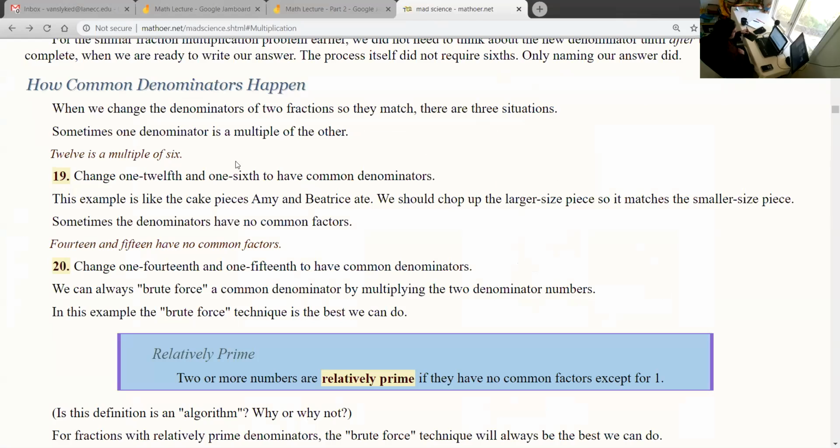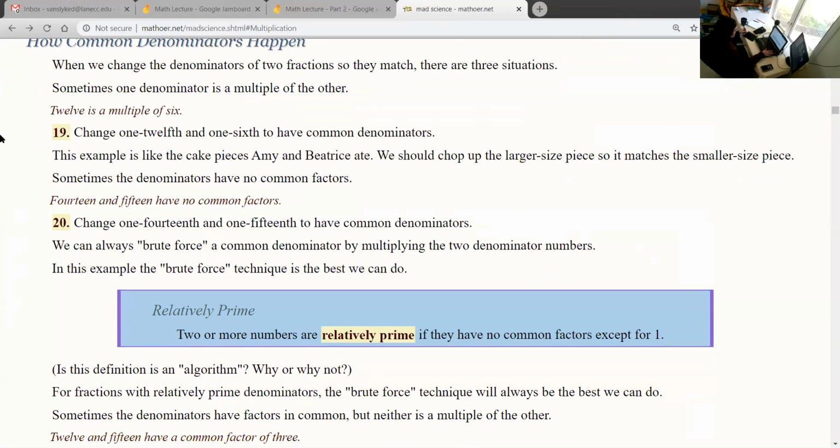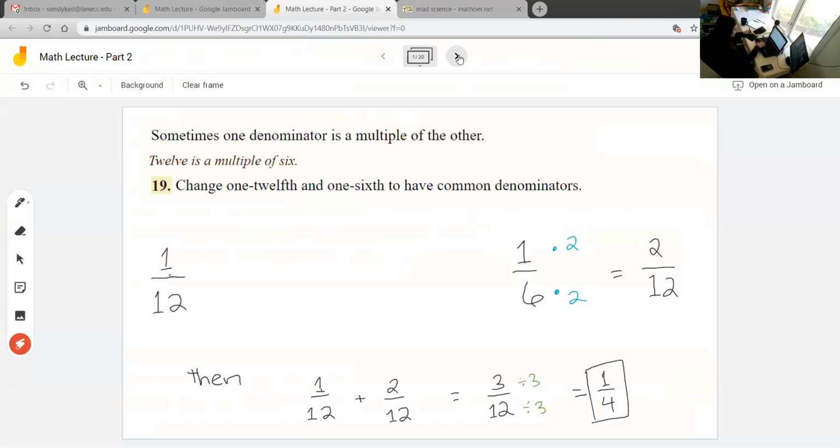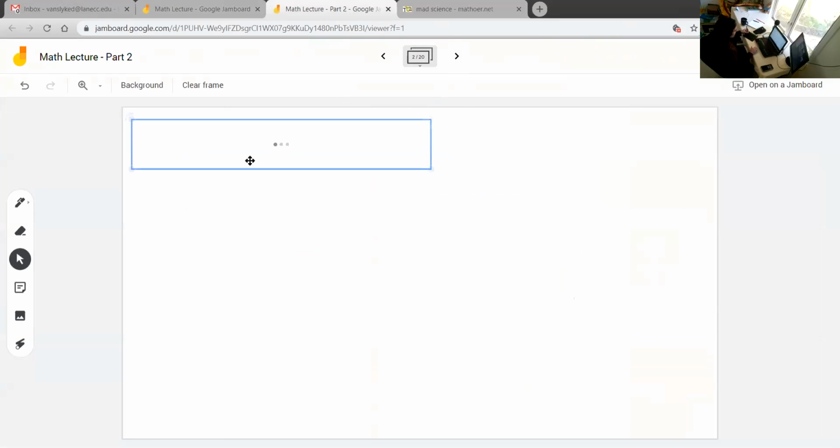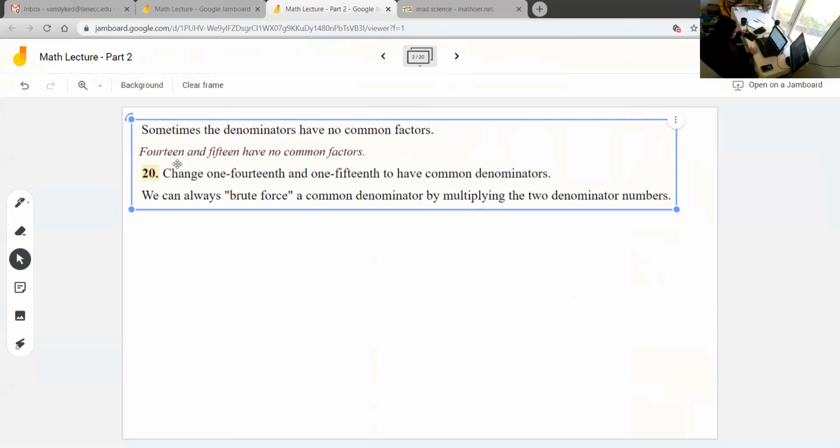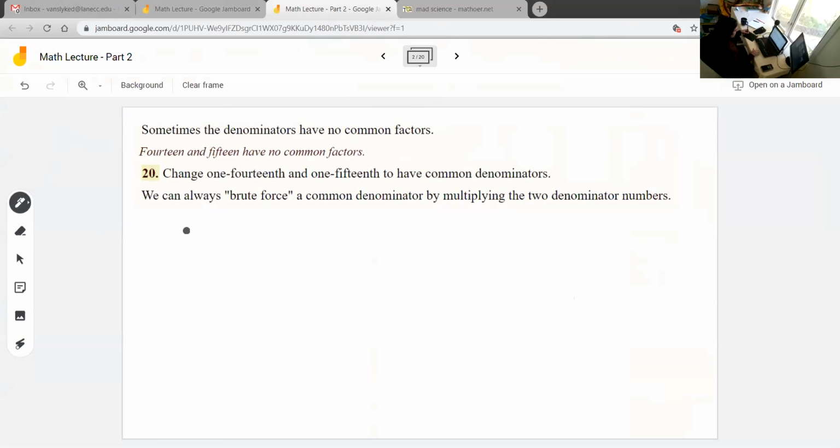So the second example is when there's nothing in common. So here we have 1/14 and 1/15.